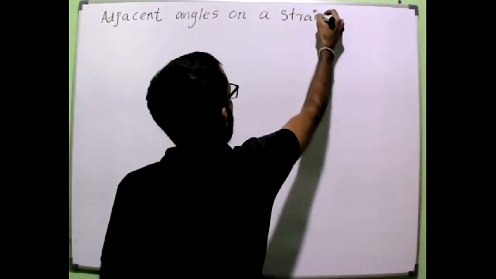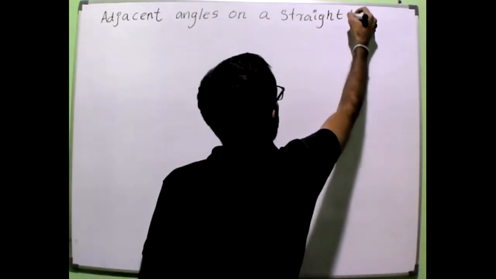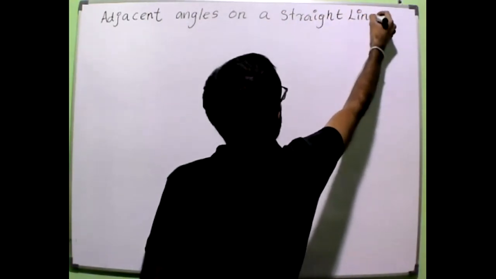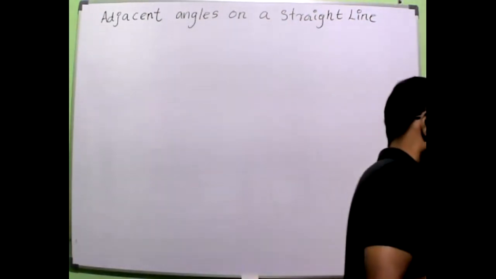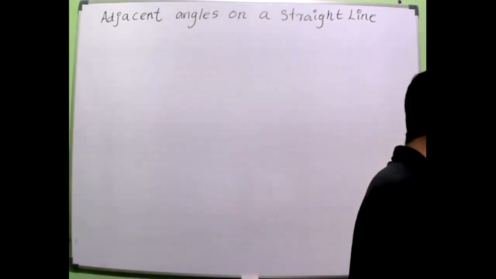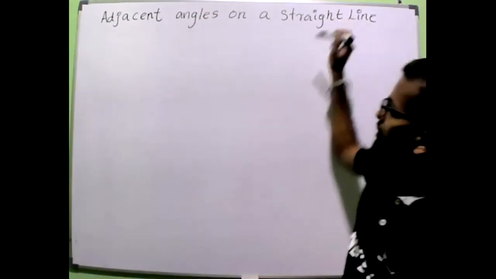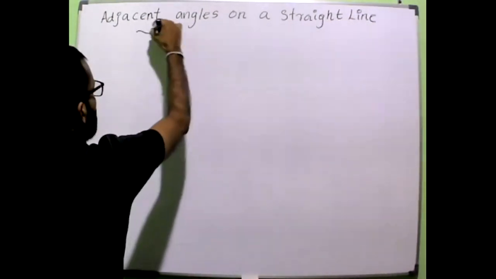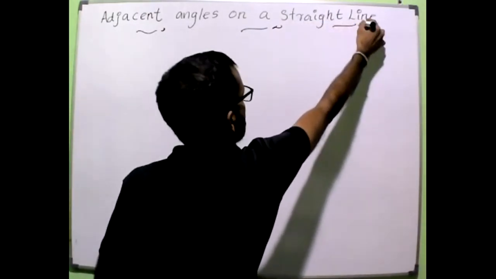Adjacent angles on a straight line. Right. Now at once, if you see this, a straight line, you can write this.